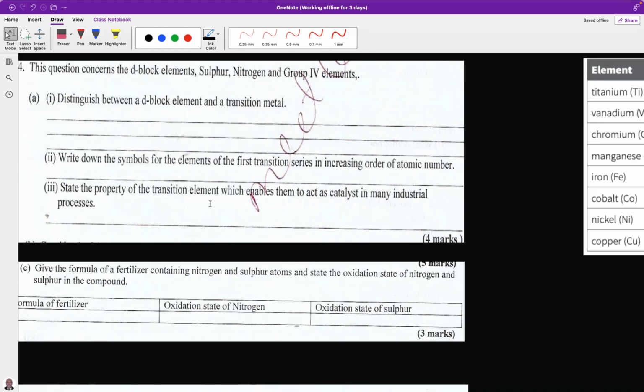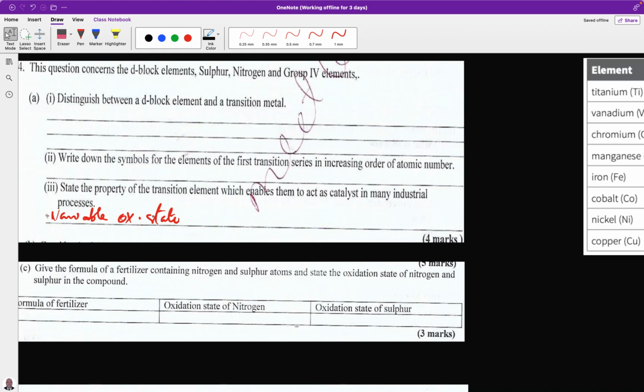You can just take the variable oxidation state. State the property which enables them to act as a catalyst.